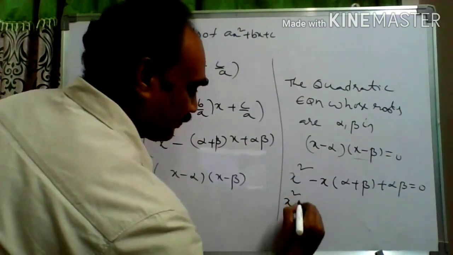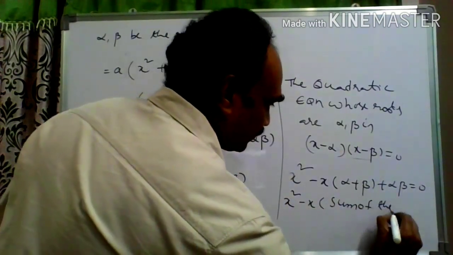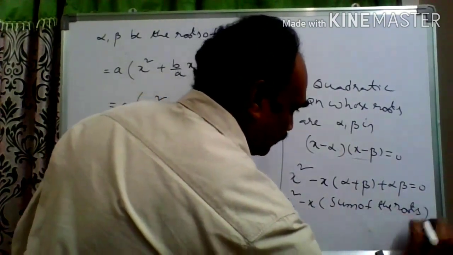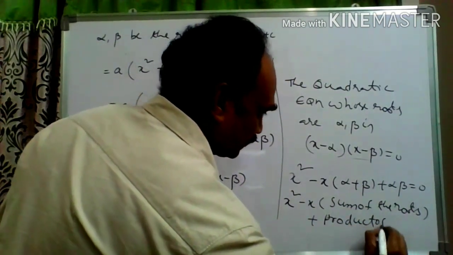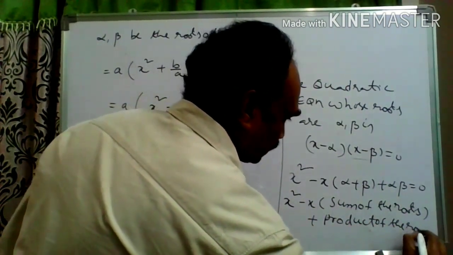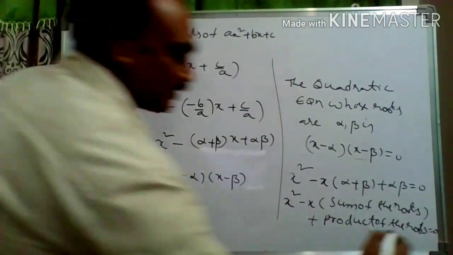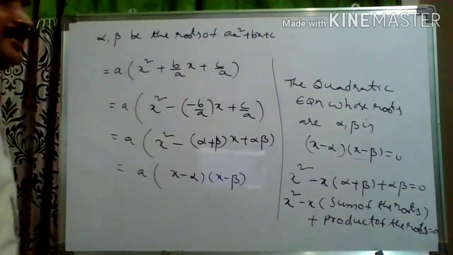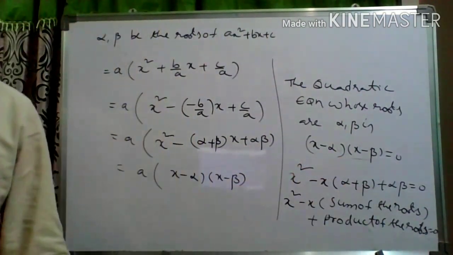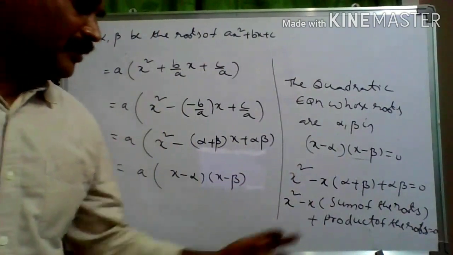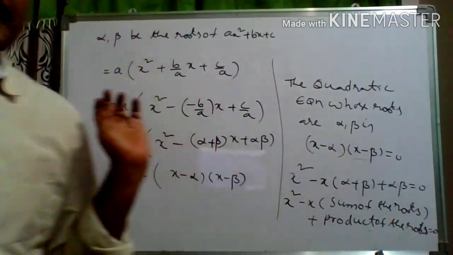So x square minus x into sum of the roots plus product of the roots is equal to 0. Friends, if alpha, beta are the roots, x minus alpha into x minus beta is equal to 0, or x square minus x into sum of the roots plus product of the roots is equal to 0.